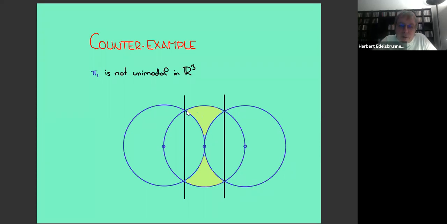So this means that the area of the middle sphere, so they look like disks in a drawing, but they are really spheres, is the same as the area of the left and right intruder sphere. Okay, so the areas are the same.